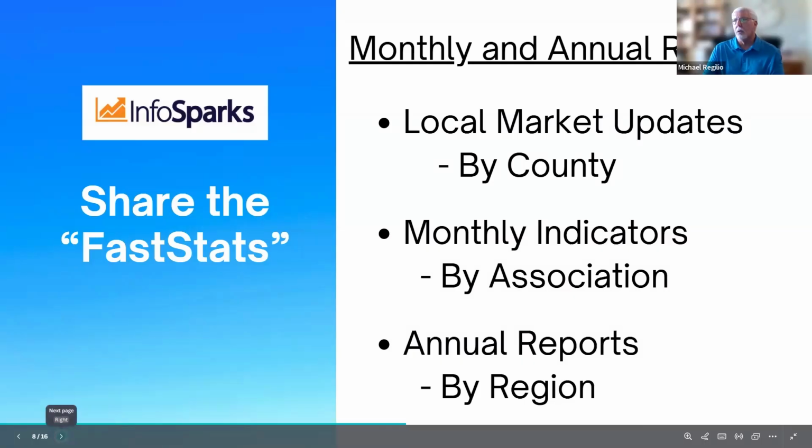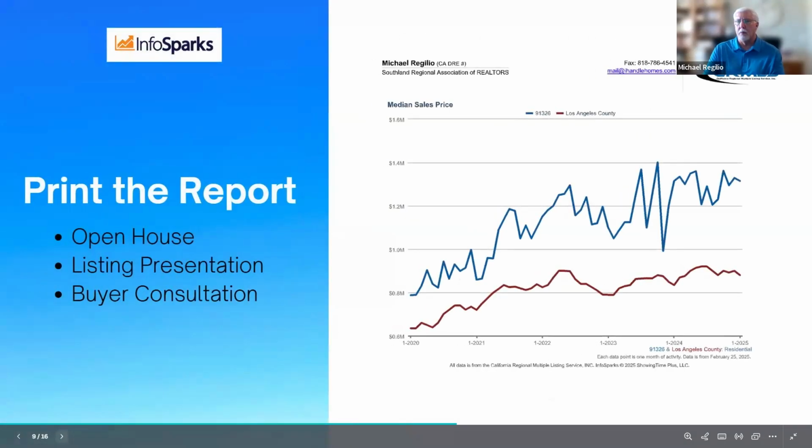The first one is called Fast Stats, and that's where it gives monthly and yearly stats that break it out and give some quick reference pages. I'll show you those towards the end. They're a pretty good way to get a quick overview of the total market.